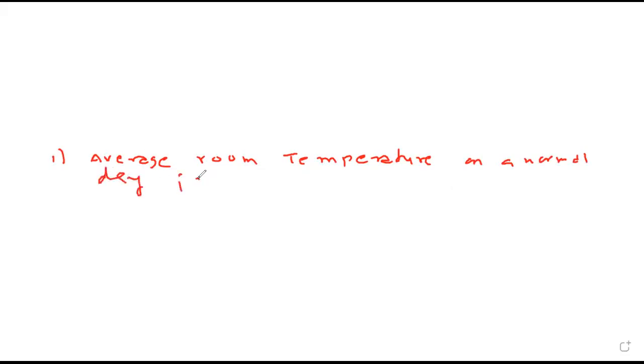First numerical. Average room temperature on a normal day is 27 degrees Celsius.